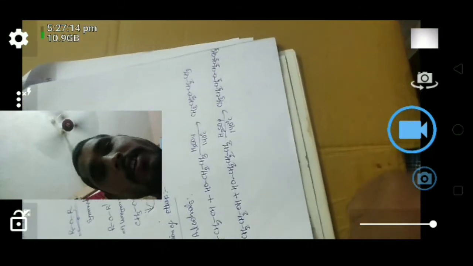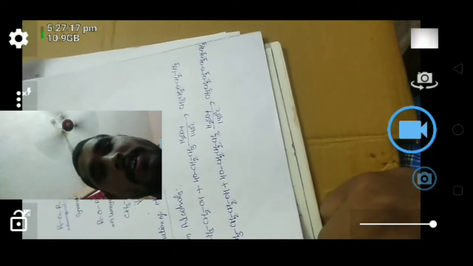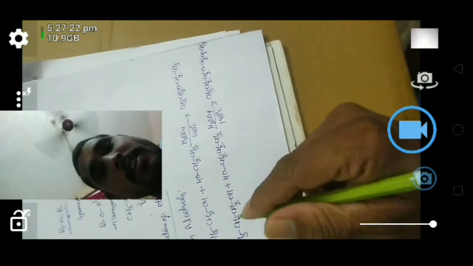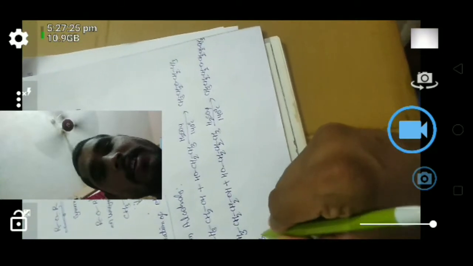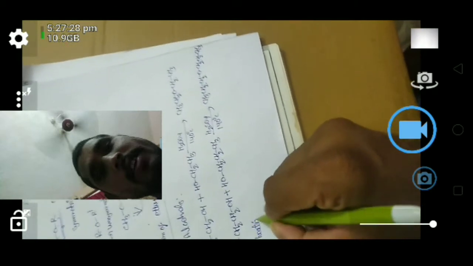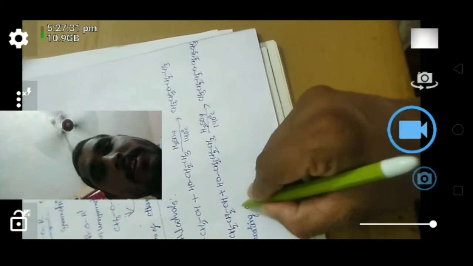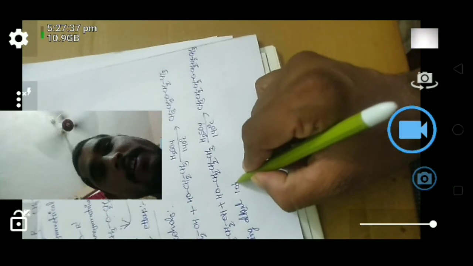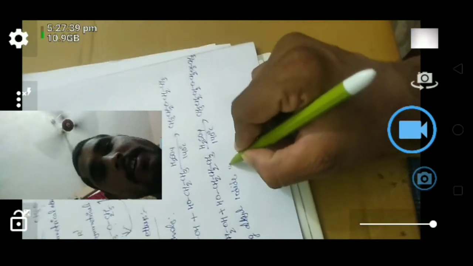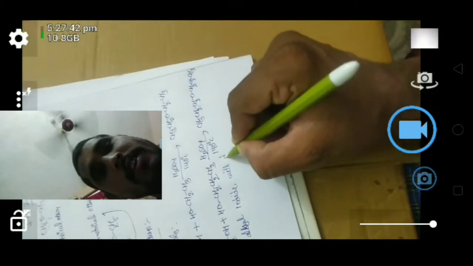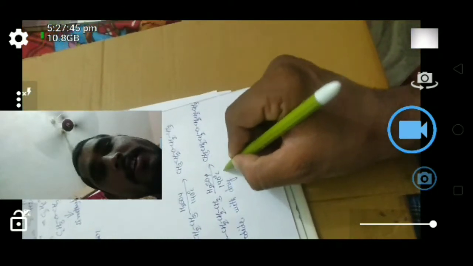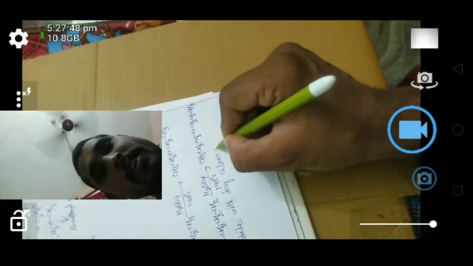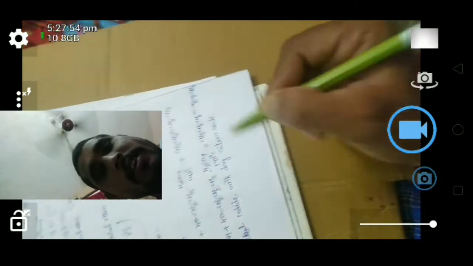Now see another method: by heating alkyl iodide with dry silver oxide.